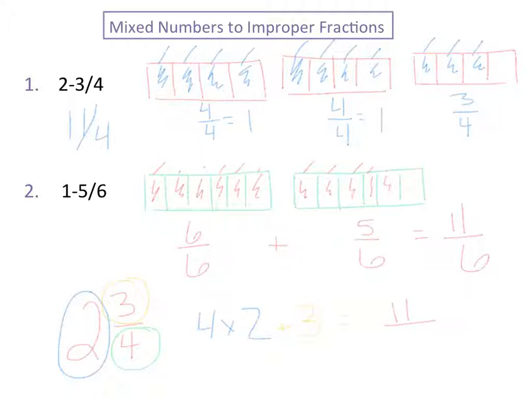And my denominator stays the same because the number of equal parts in each shape did not change. So notice, I got 11/4, which is the same as what I got up there when we drew it out.